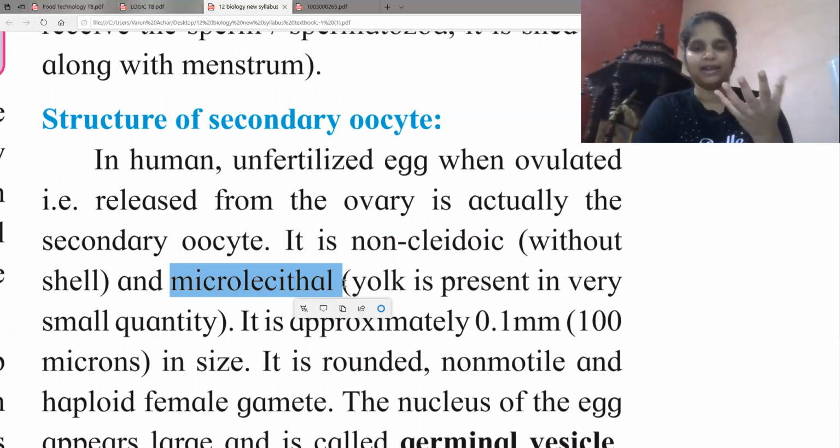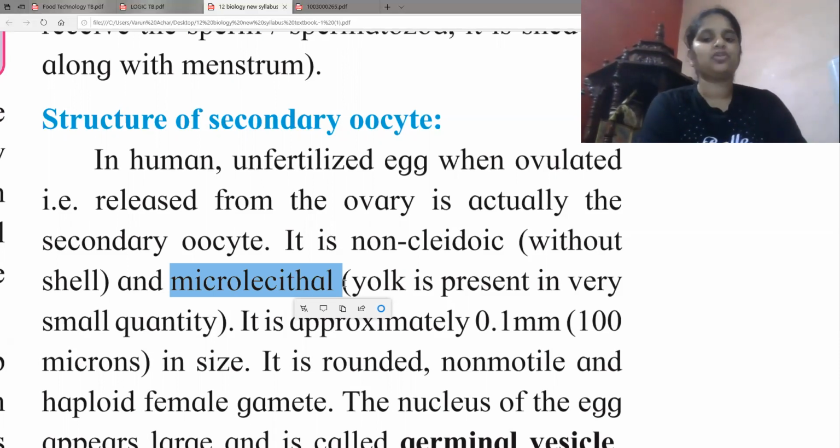One is that white part and the other one is the yellow yolk. Now that yellow yolk appears yellow in color because of a protein inside them which is called as lecithin. This lecithin is present only in the yolk and nowhere else. So that is why the word lecithal is more associated with the word yolk.